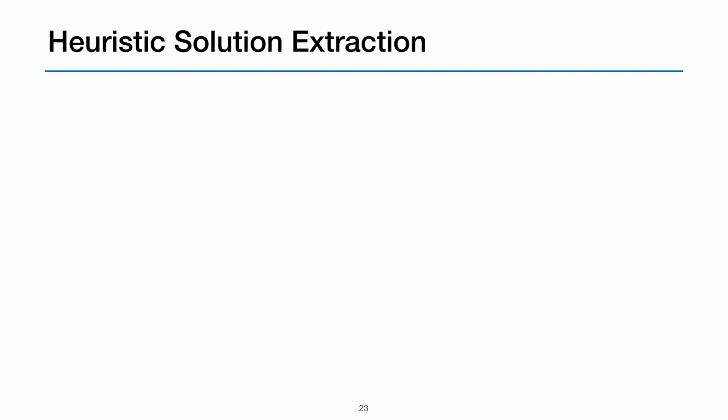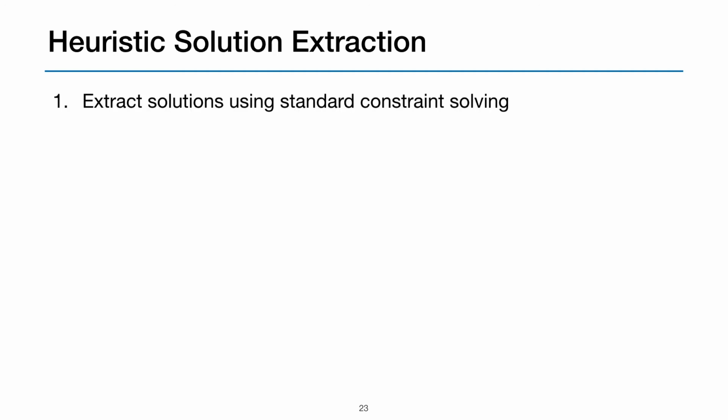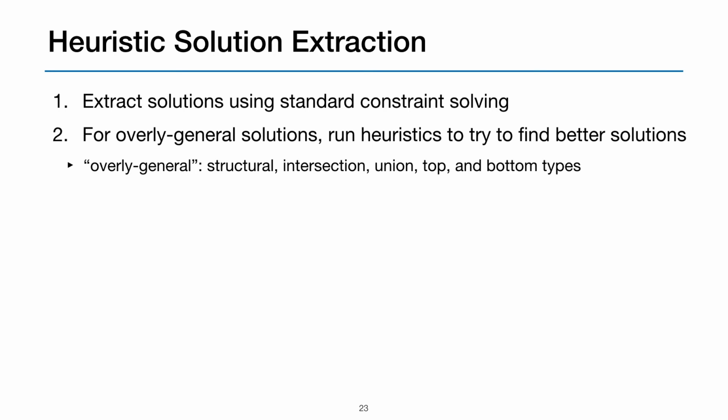And now we can define our overall heuristic solution extraction procedure. The first thing we do, as we saw, is extract solutions using the standard constraint solving approach. Next, for overly general solutions, we would run heuristics to try to find better solutions. By overly general, we mean structural, intersection, union, top and bottom types. And you can take a look at our paper for more discussion on why we chose these types.